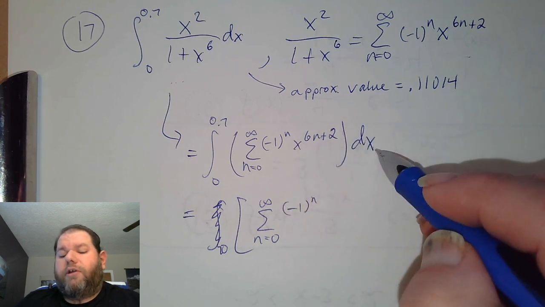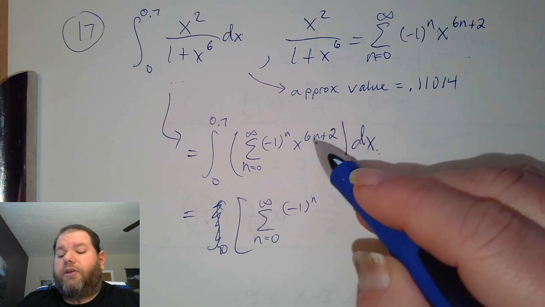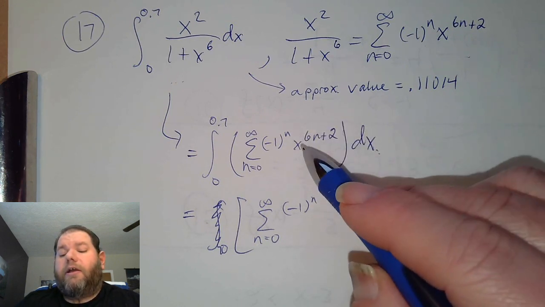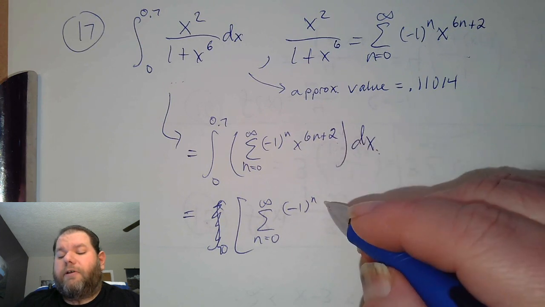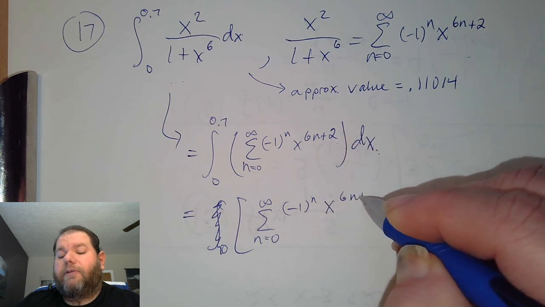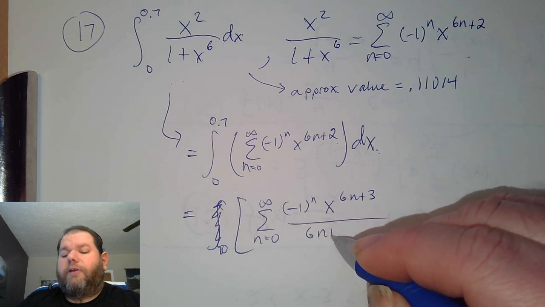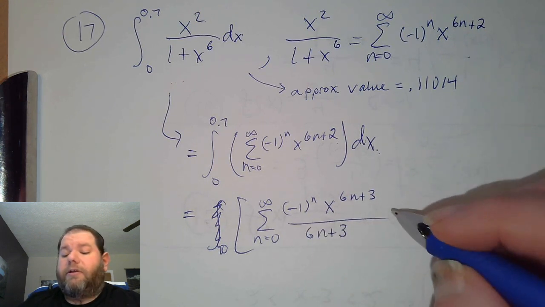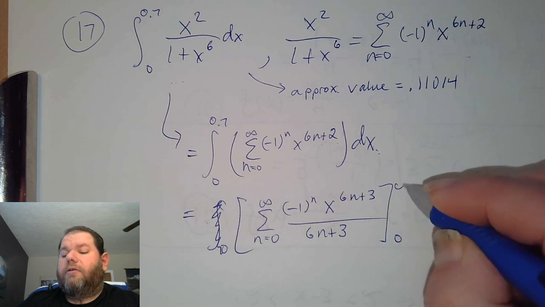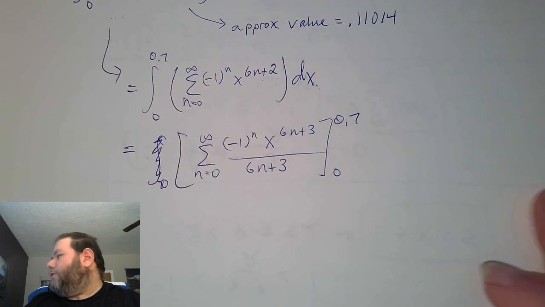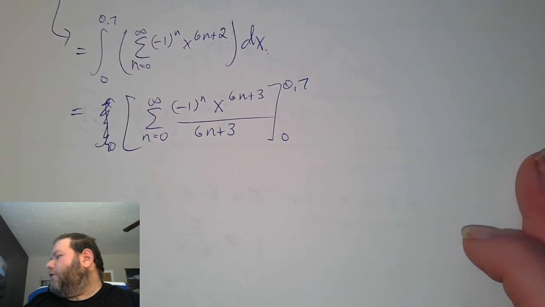Now, we're integrating with respect to x, so it's really only the term that has x in it that we're concerned with integrating. x to the 6n plus 2 becomes x to the 6n plus 3. And then we'll divide by this new exponent, 6n plus 3. And so that gives us 0 to 0.7 as our limits of integration.